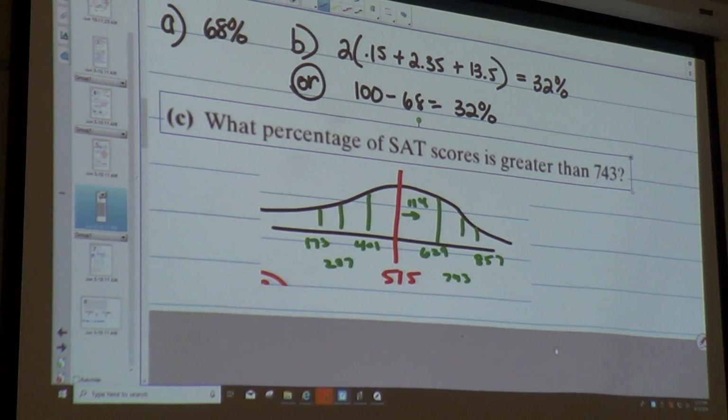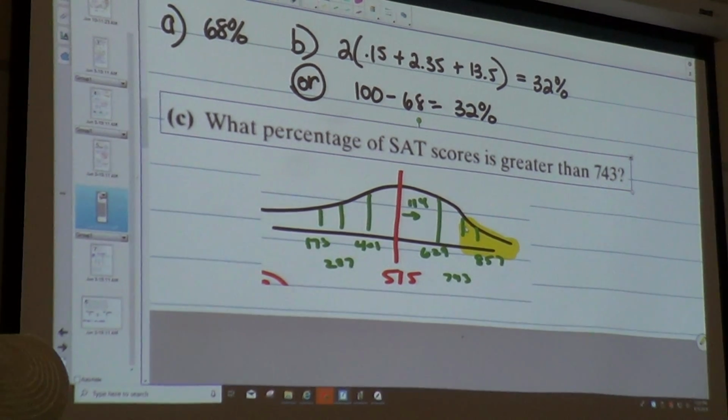Who's feeling froggy? What you got? Is it 2.5? Good job. How'd you do it? I took everything from 743 and back, and then just added them together.